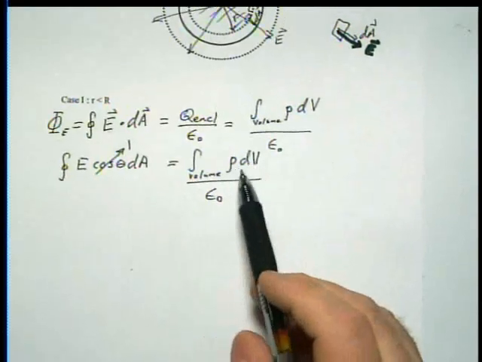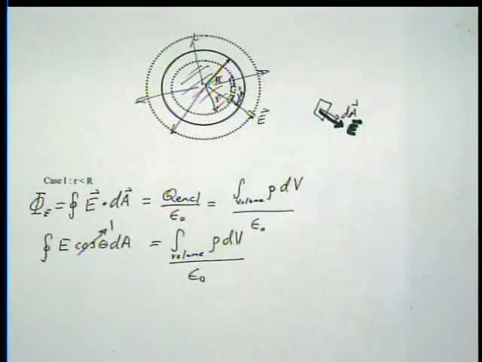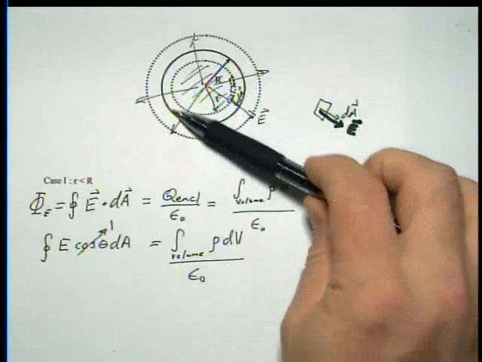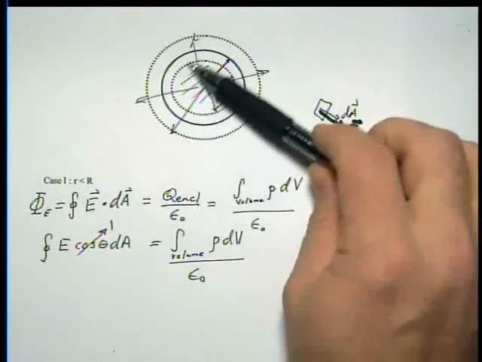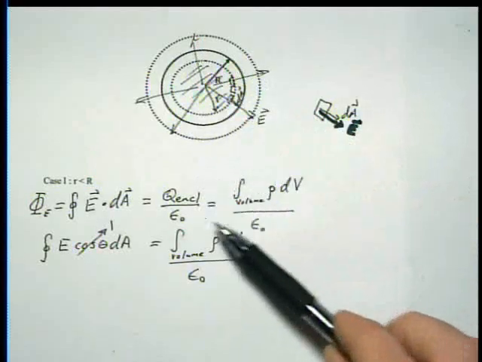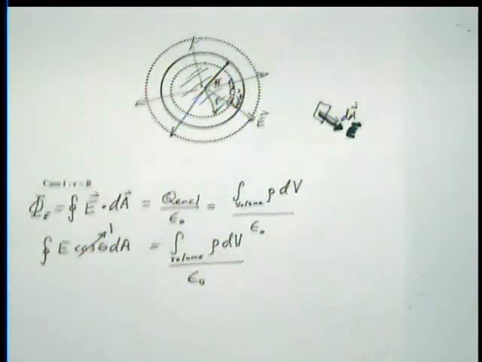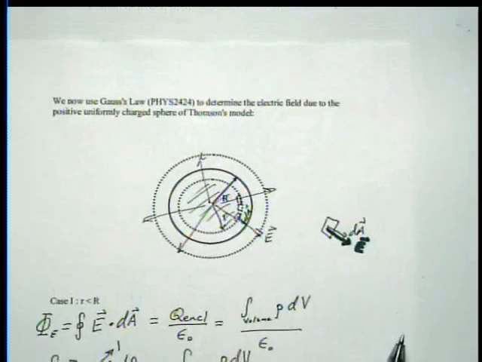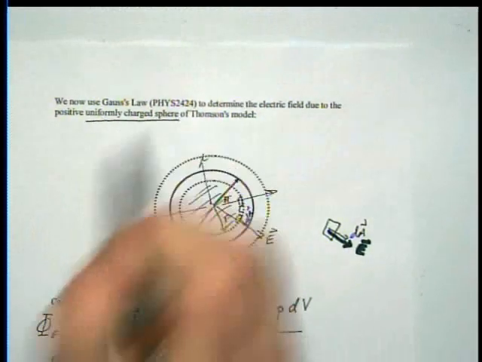In this case, not all the charge is inside. There was a charge, whatever this Q is, but some of it's in here and some of it's outside. And it says you only count the enclosed charge. Now, in the particular problem, Thomson and others are going to assume a uniformly charged sphere.